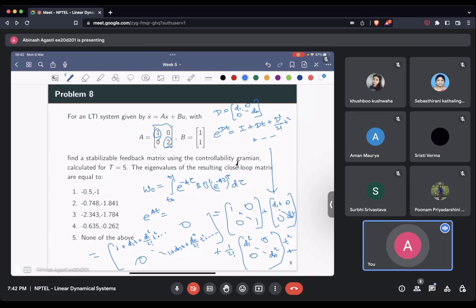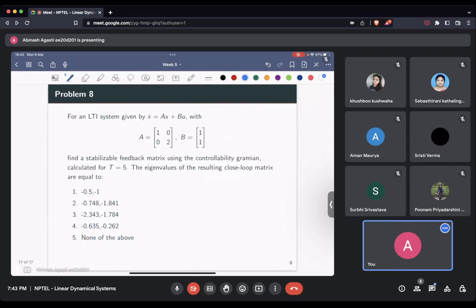This becomes e to the power d1 t and e to the power dn t, zeros elsewhere. So for a diagonal matrix the exponential is really easy. You just write e to the power t, e to the power 2t, zeros elsewhere. Okay, is it clear?